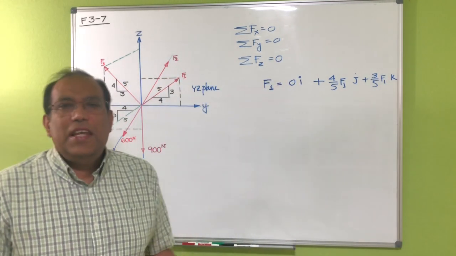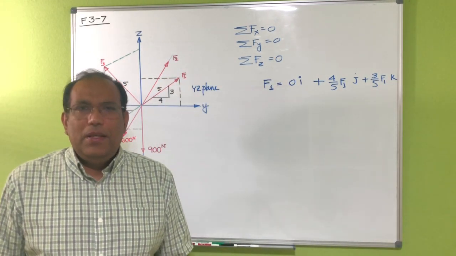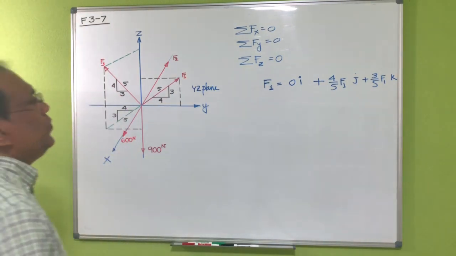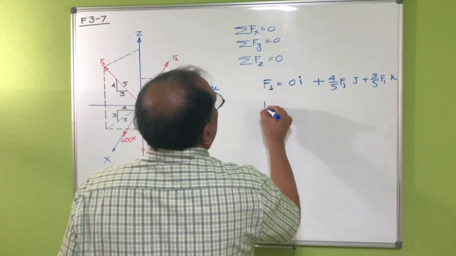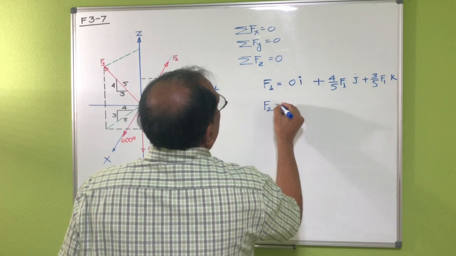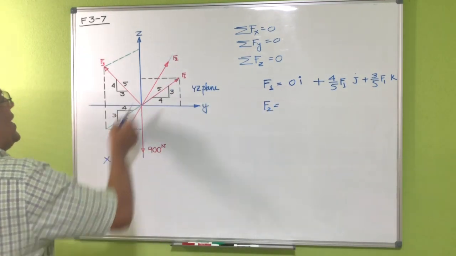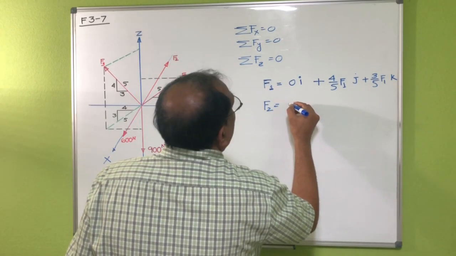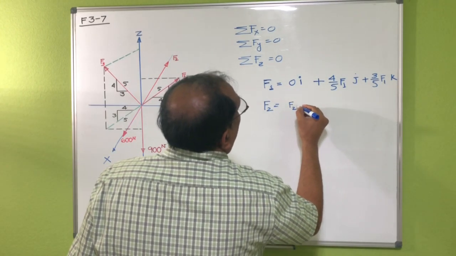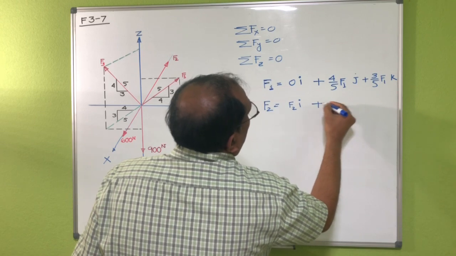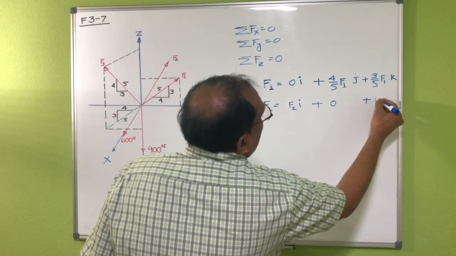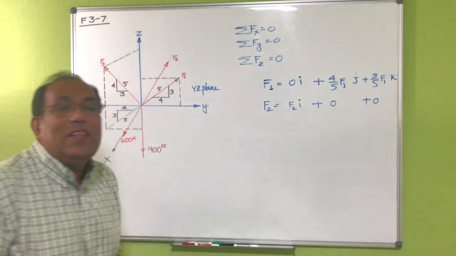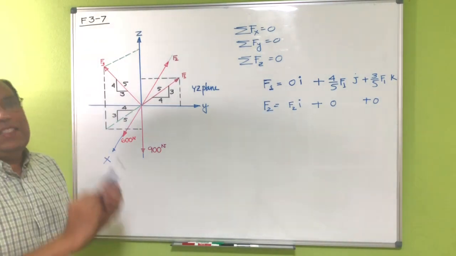That's the representation of F1. Now if I go to F2, you see this one is just working in the negative direction of x, so you have only negative F2 i here. The other two components are 0 and 0 because that's along the line of the x-axis.